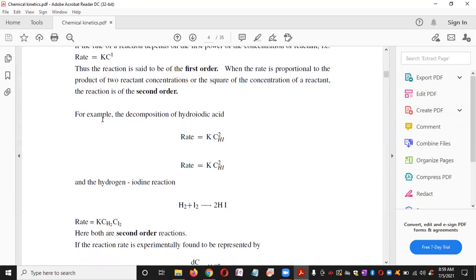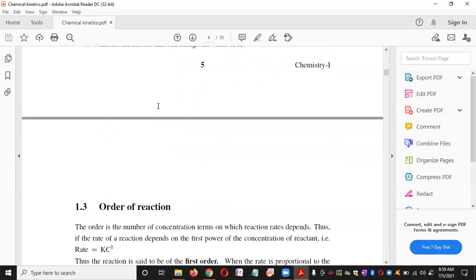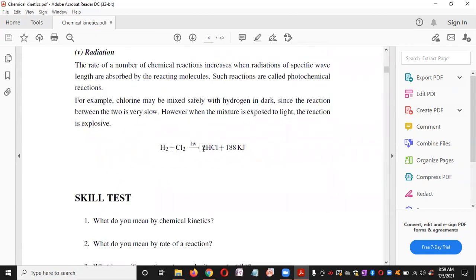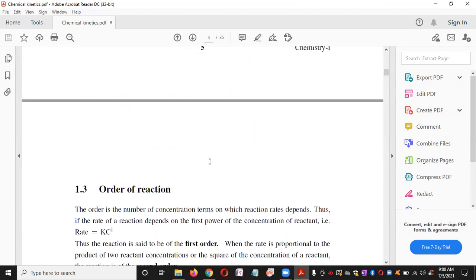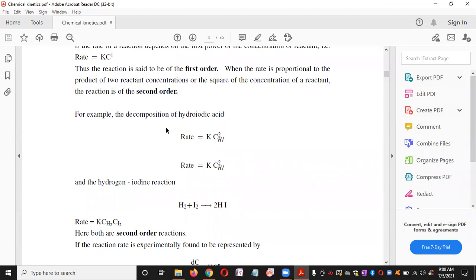This is the decomposition of HI: 2HI gives rise to H2 plus I2.